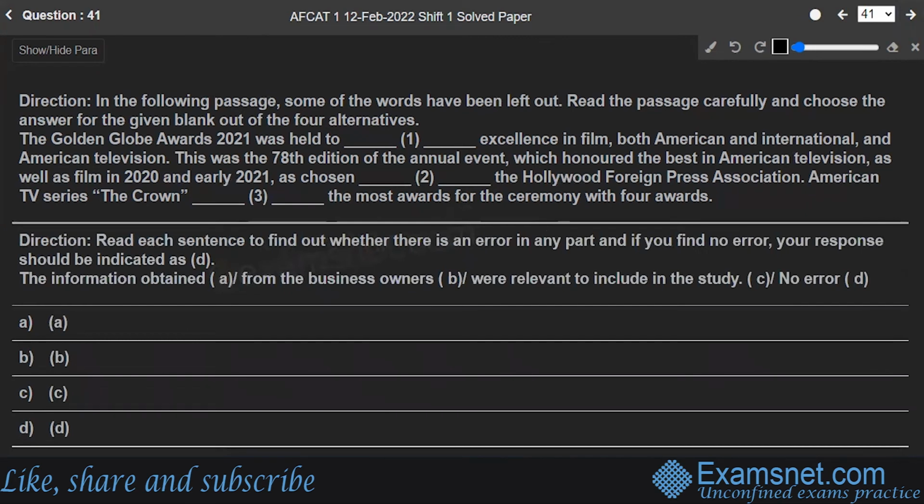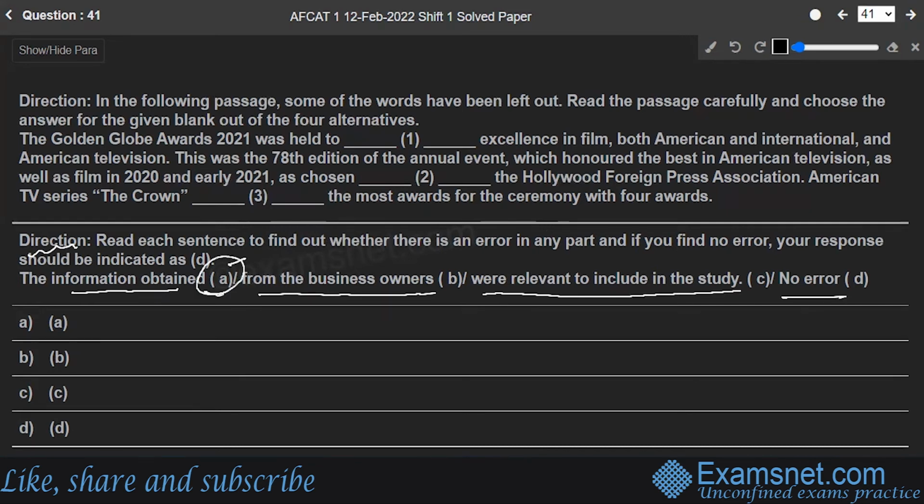Question number 41. The direction given to you is: read each sentence to find out whether there is an error in any part, or if you find no error, then the response should be indicated as option D. Let's read. The information obtained from the business owners were relevant to include in the study.